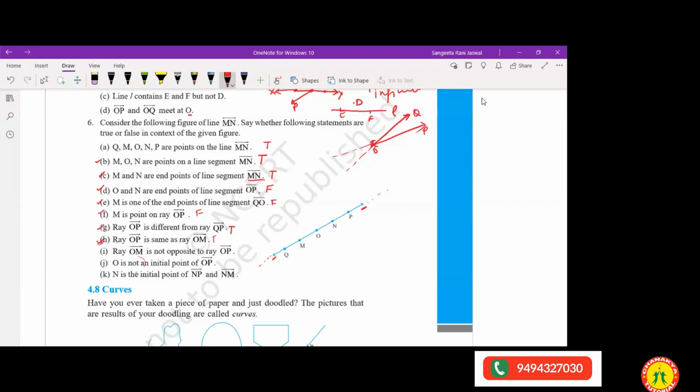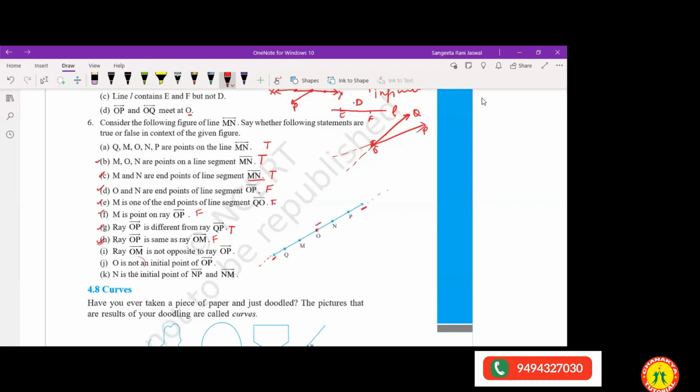They are different. Okay. Ray OP, O to P is same as OM. OM is this side. OM is here. See here, O to P. O is this point. Are you understanding? O to P is a ray.